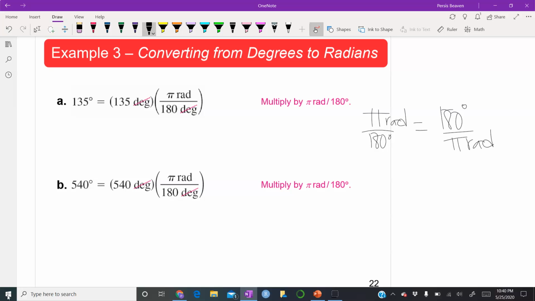So either or. Now, we decided to use the one that contains degrees on the bottom, because we want to cancel the units of degrees, as you can see here in the example.